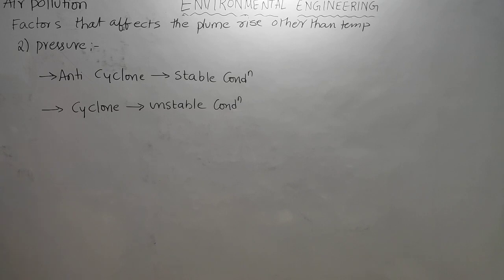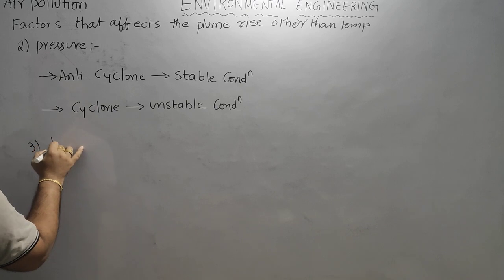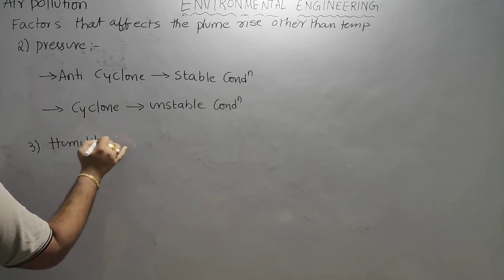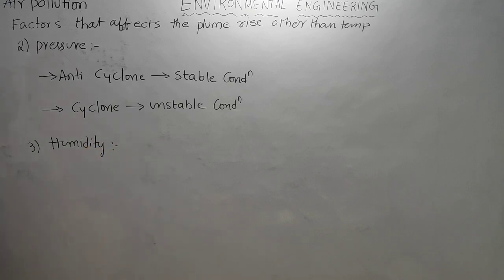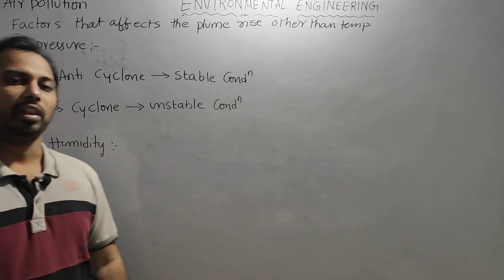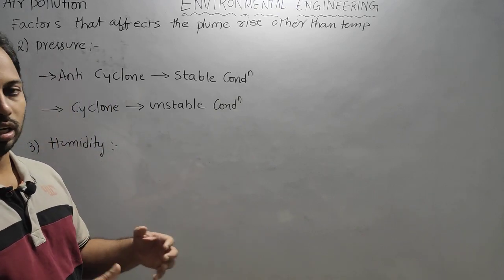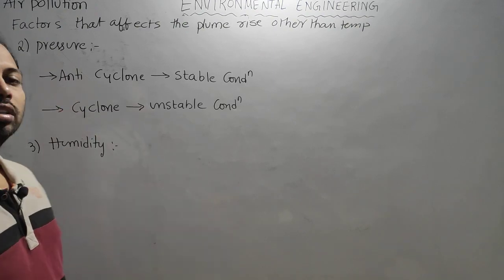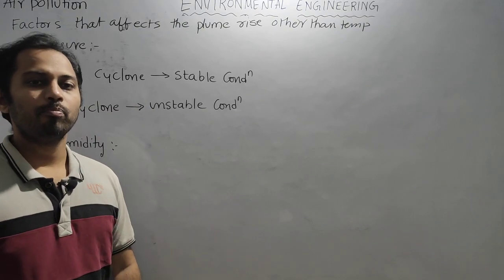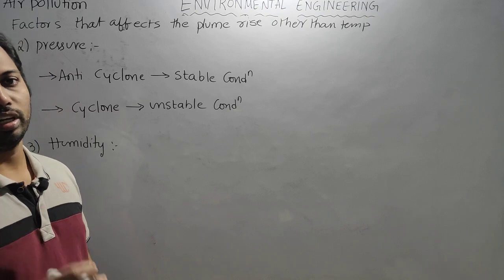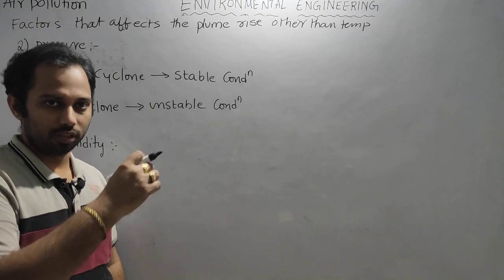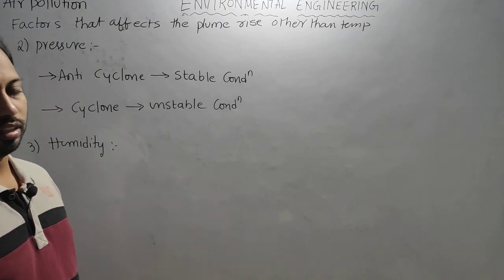These things affect the plume, and humidity also affects the plume rise, because when there is humidity, moisture is present inside the environment. Whenever moisture is present, photochemical oxidation will be possible. If you see the previous lectures, in photochemical oxidation water plays a major role.